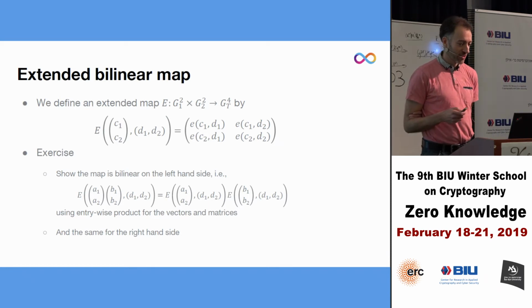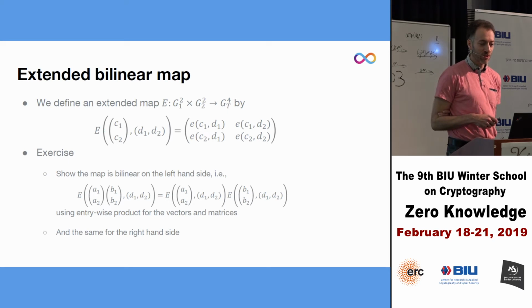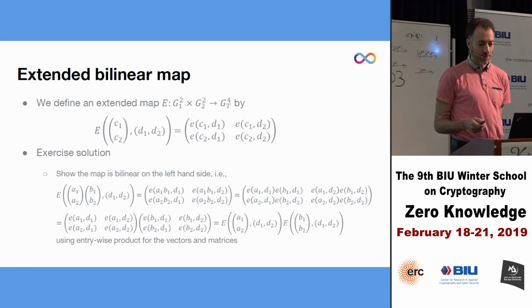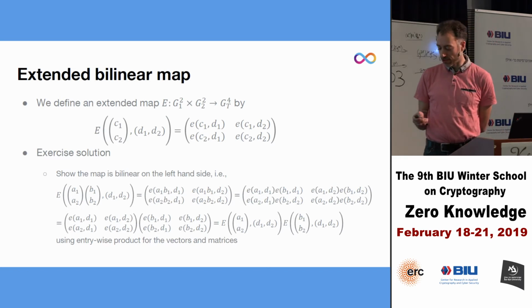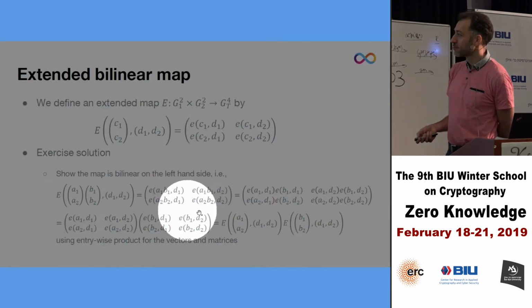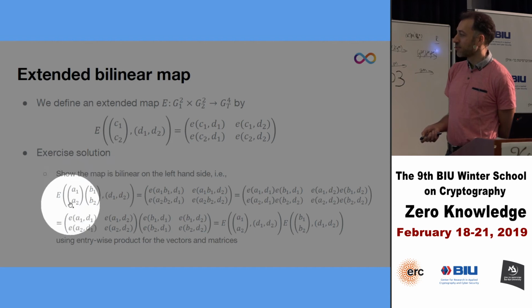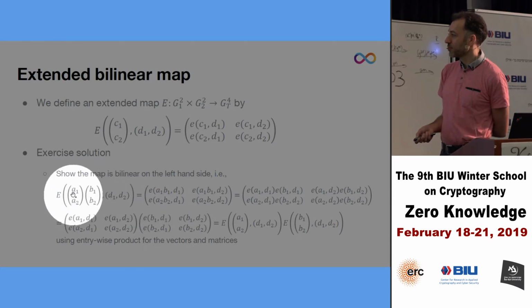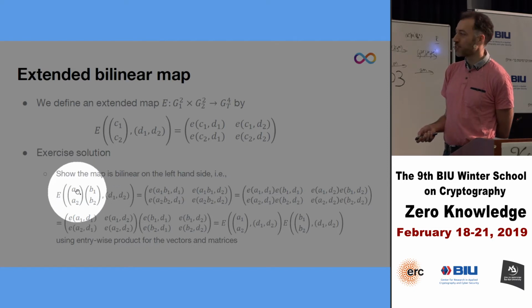So we want to convince ourselves that this map is linear on the left-hand side. So let's start with the extended bilinear map applied to a product of 2 vectors and another vector. All of these are entry-wise multiplication, right?